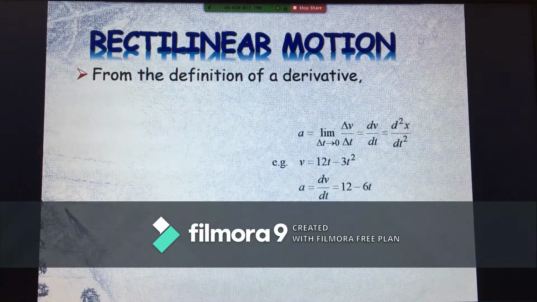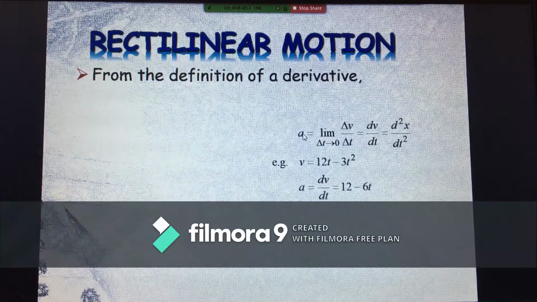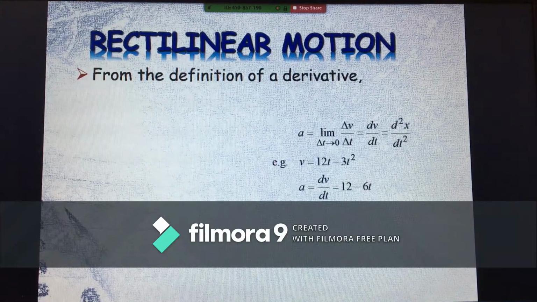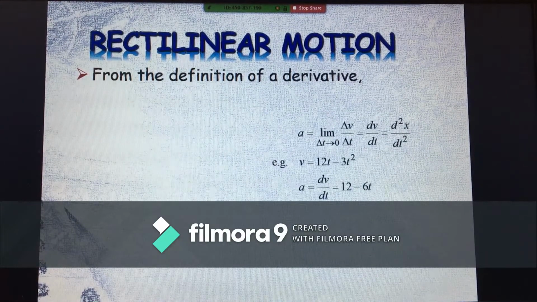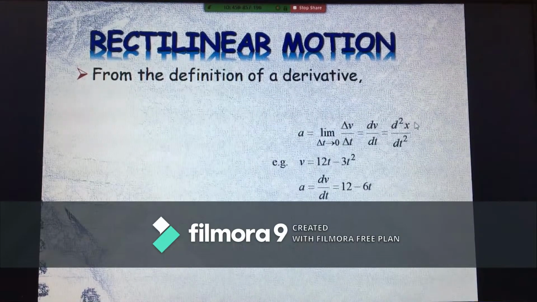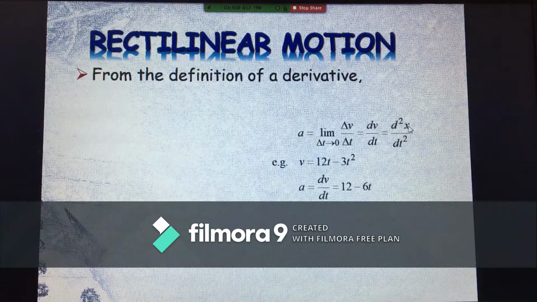So in other words, yung acceleration natin, class, is just the second derivative of x, if x represents the position or the distance traveled by a particle. So that's why we have here acceleration is the second derivative of x with respect to t.